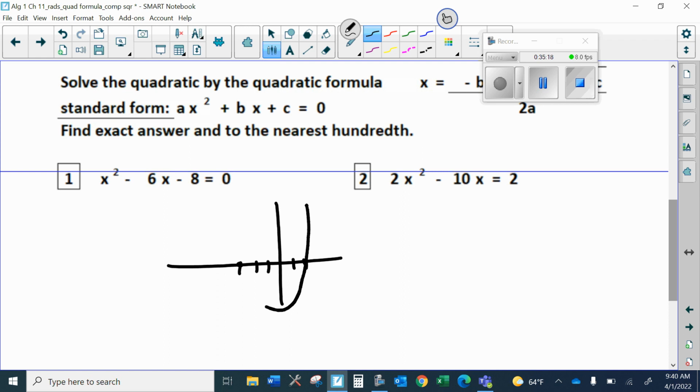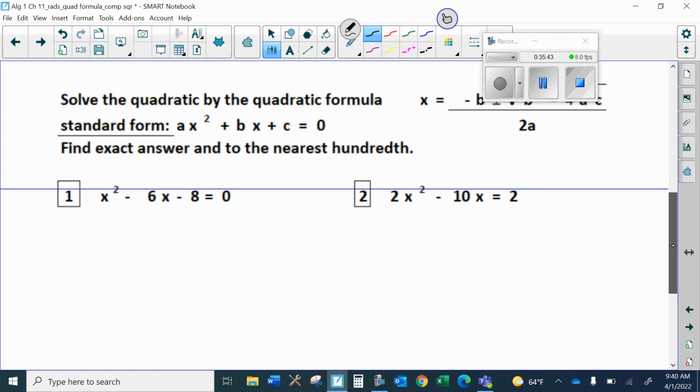Let's say the parabola looked like this. It went right nicely through two nice numbers on the x-axis, because we could factor it. Well, you also had the point where you had to guess and estimate where it went through between two integers. And I told you in this unit we're going to use the quadratic formula to find those exact answers.